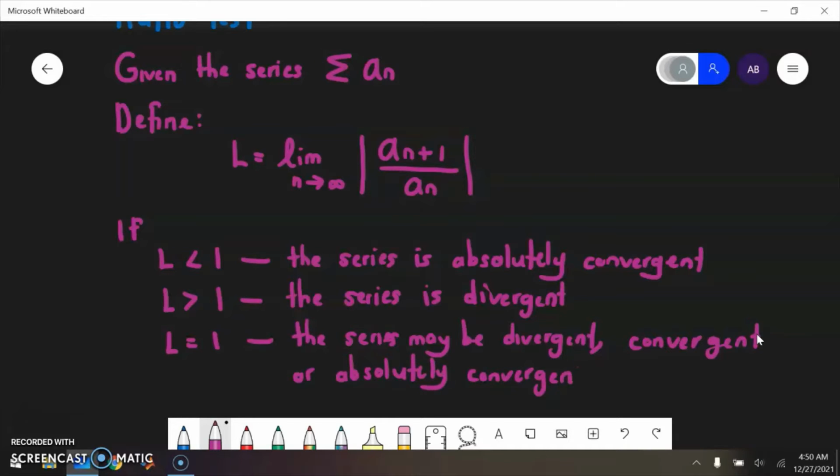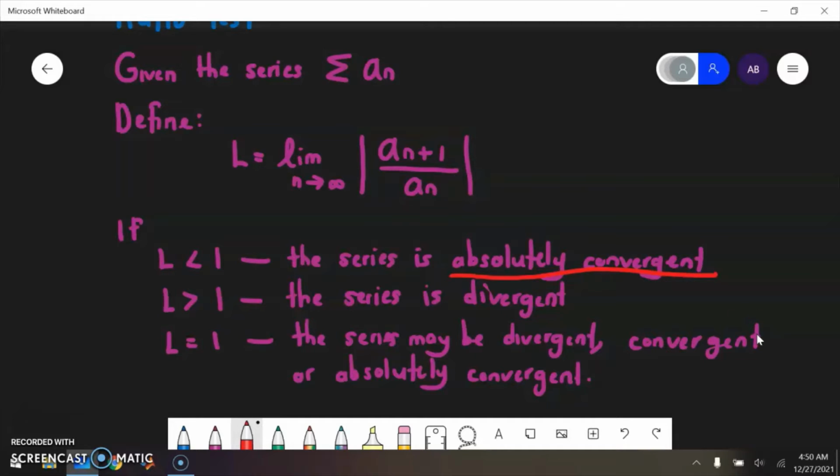What this means is that you have to do another test, because you cannot find the answer when you get L equals 1. Now, what does absolutely convergent mean? A series is called absolutely convergent if the series of the absolute values is convergent. So when you take the absolute value of a series, it must be convergent.